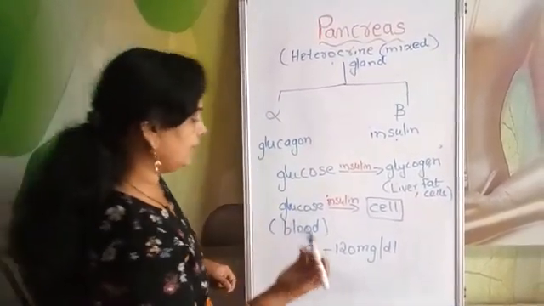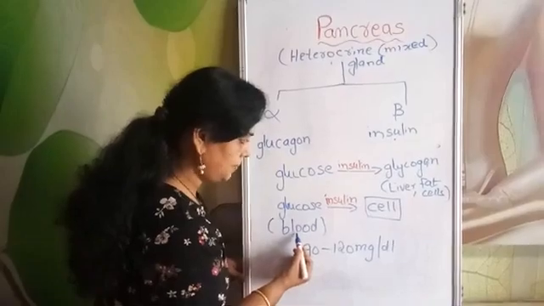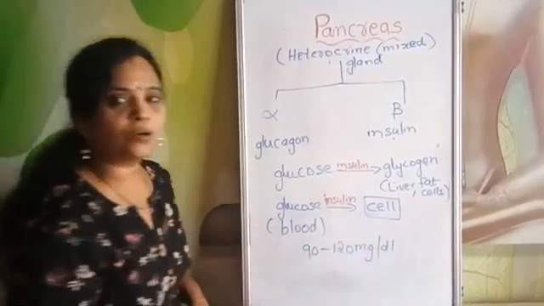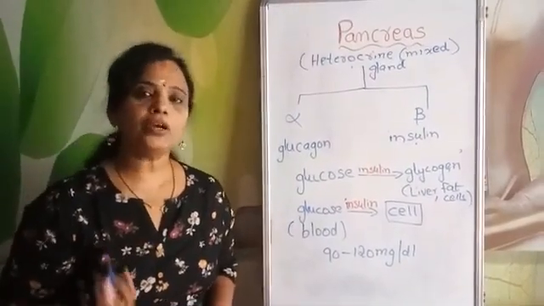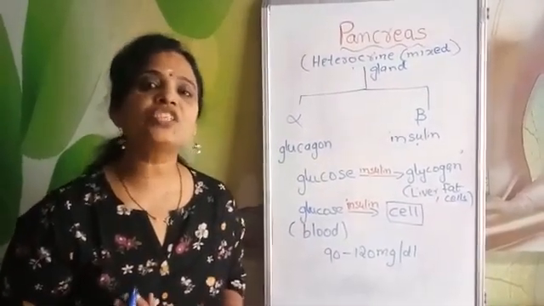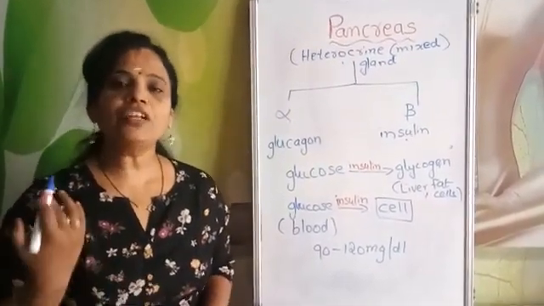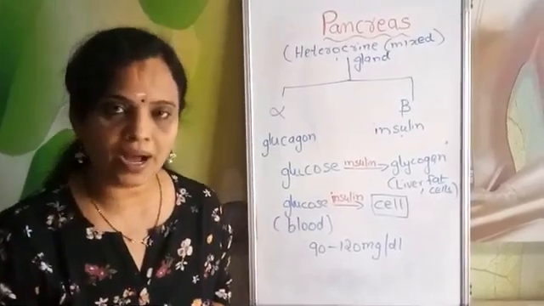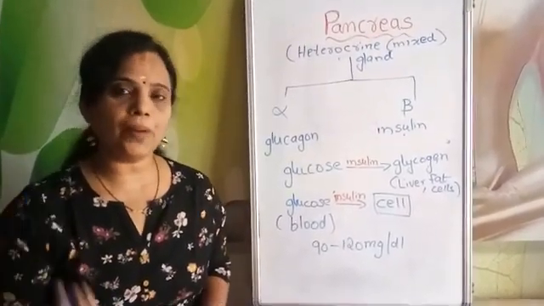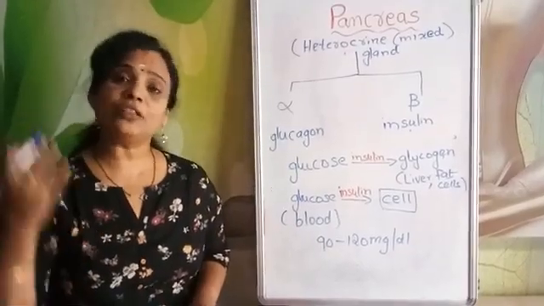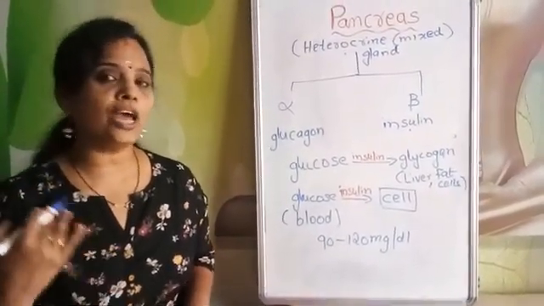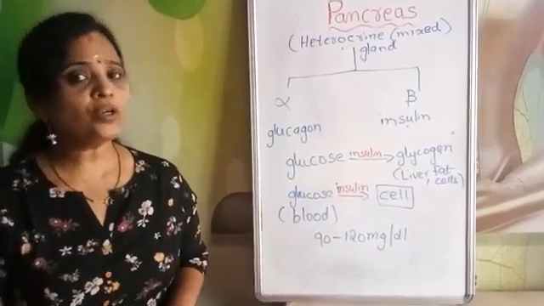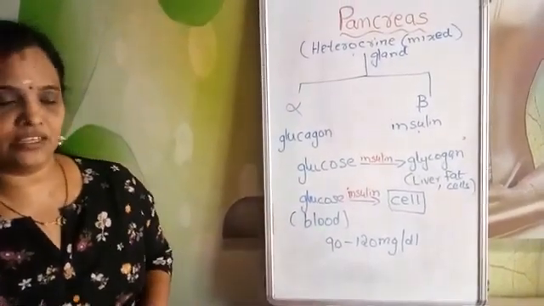That means the glucose present in the blood should be absorbed by the cell. Now for that absorption, you require a hormone called insulin. That means if insulin is not released by the beta cells of the pancreas, the cell, though the glucose is present in the blood, cannot absorb that glucose, so it cannot produce energy for us.